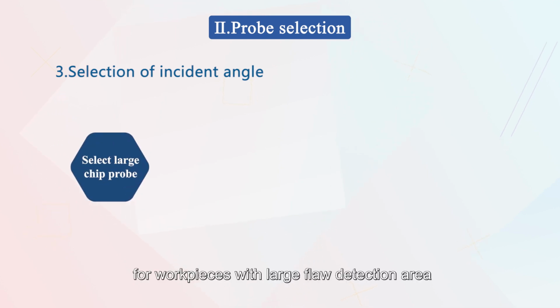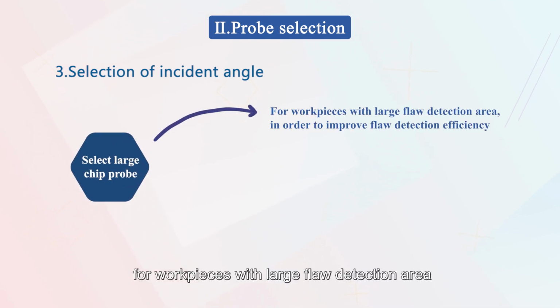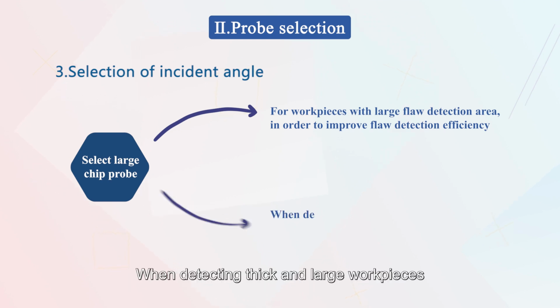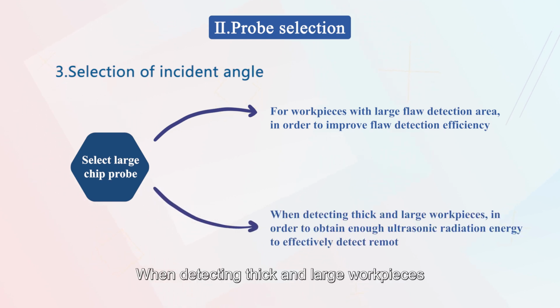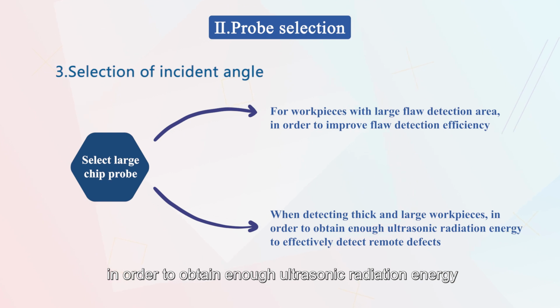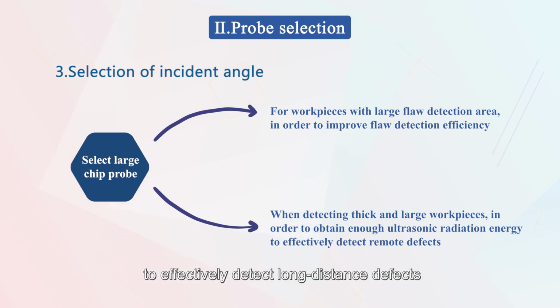Therefore, for workpieces with a large flaw detection area, in order to improve the efficiency, larger wafer probes should be selected. When detecting thick and large workpieces, in order to obtain enough ultrasonic radiation energy to effectively detect long-distance defects, large wafer probes should also be selected.